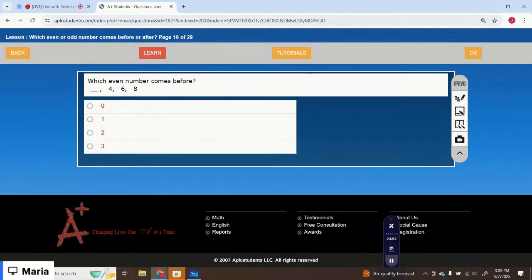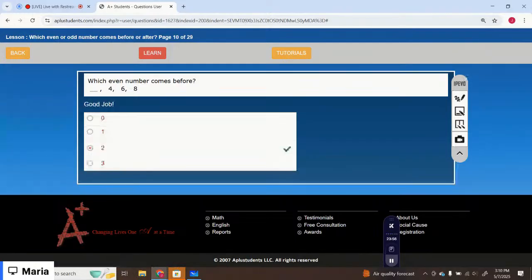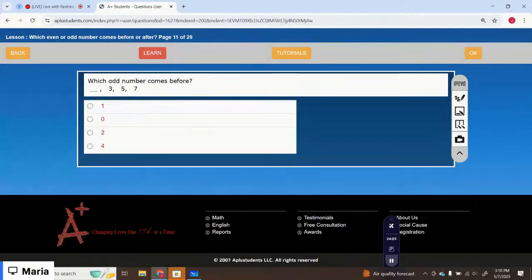That is 2. Option number 3 is the correct option. Which odd number comes before?